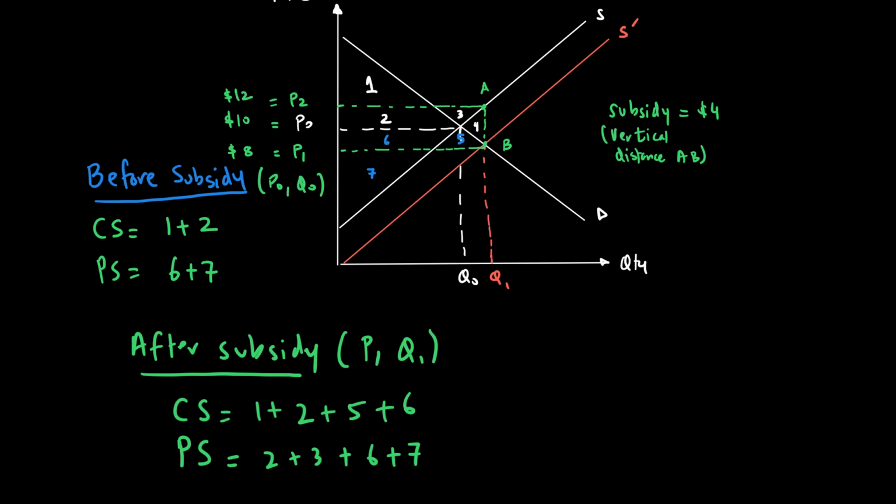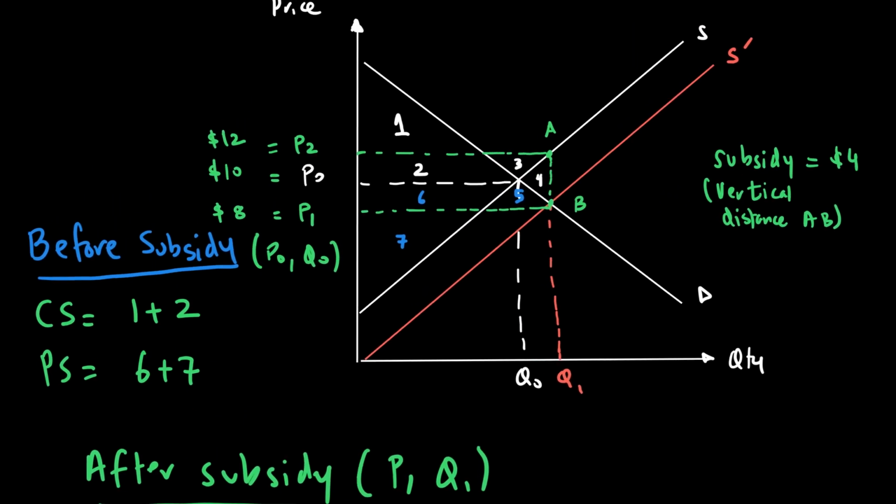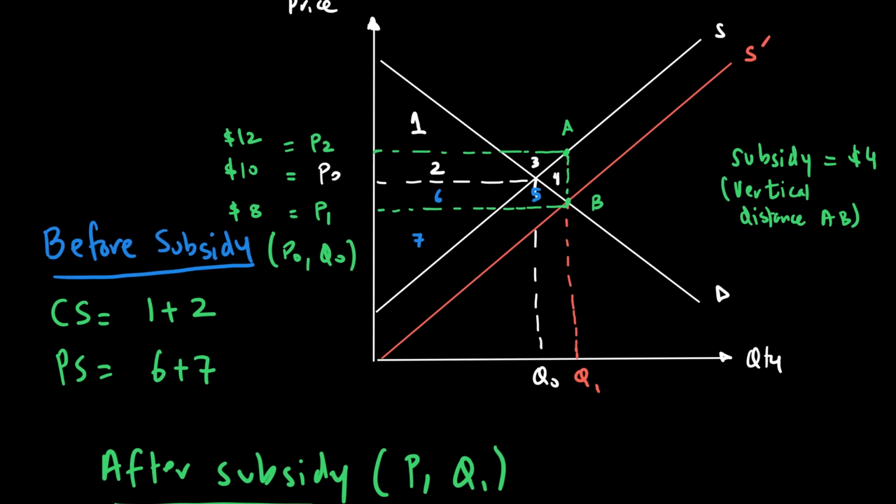You can see the consumer is benefiting by this much compared to before. 5 plus 6 is the rise in his consumer surplus, while for the producer, the rise in producer surplus will be this area 2 plus 3.